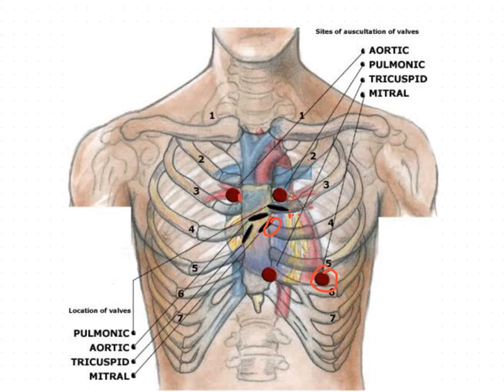Now coming to the tricuspid valve. The tricuspid opening has a diameter of 4 centimeters. It is the most oblique of all the valves.